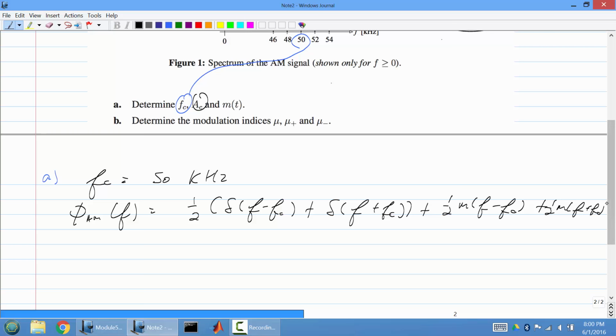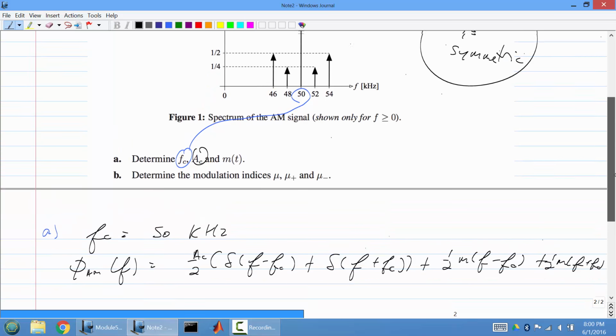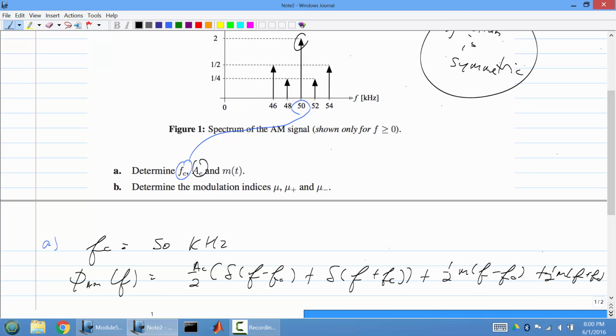So we have 2 impulses at plus minus f_c that are scaled by 1/2. It's not 1/2, it's actually A_c over 2. Sorry, A_c over 2. So if we see here that the impulse height is 2, this here would be A_c over 2. The original height would simply be 4, because if A_c over 2 is equal to 2, then A_c is equal to 4.